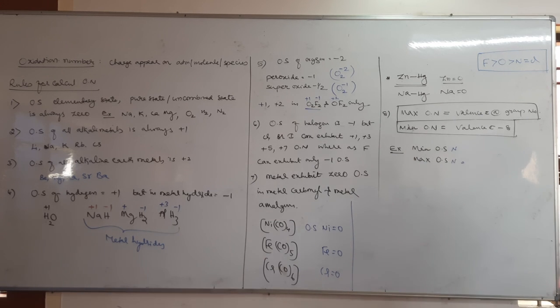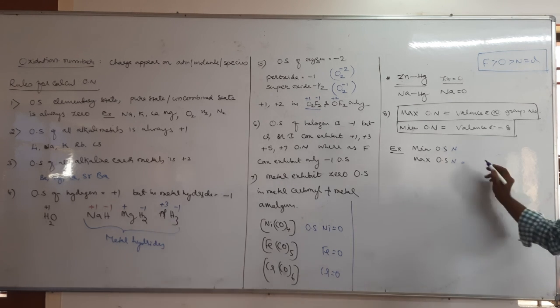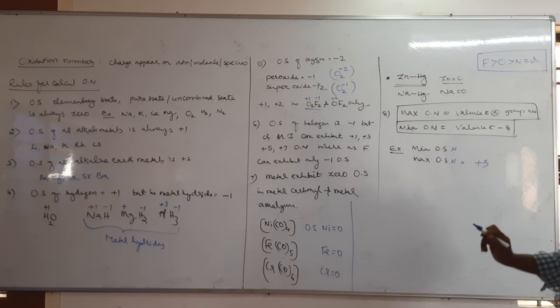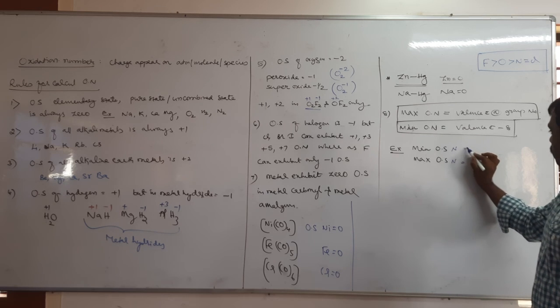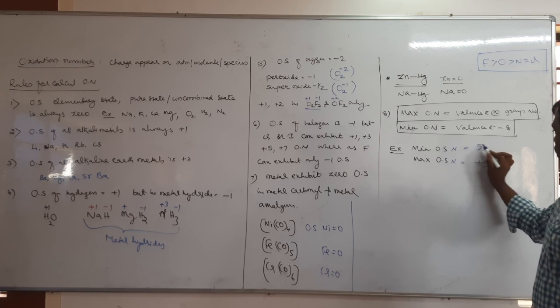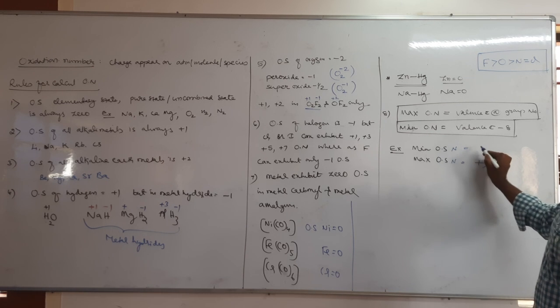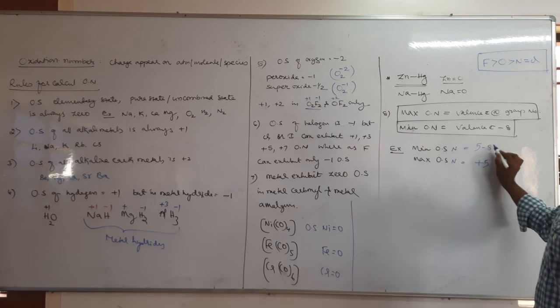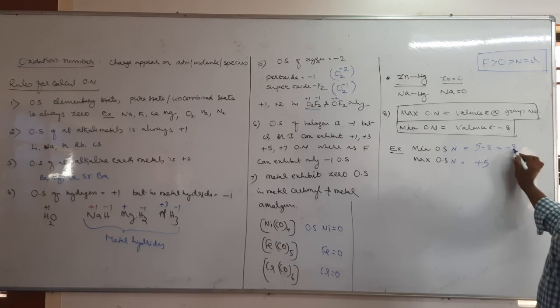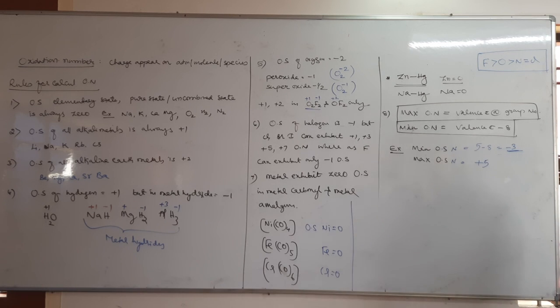Nitrogen has how many valence electrons? 5. Nitrogen is in the 15th group, with 5 valence electrons. Therefore, the maximum OS is plus 5. What is the minimum OS? Minimum OS is equal to valence electrons minus 8, which is equal to minus 3. Therefore, nitrogen has minus 3 as the minimum OS and plus 5 as the maximum OS.